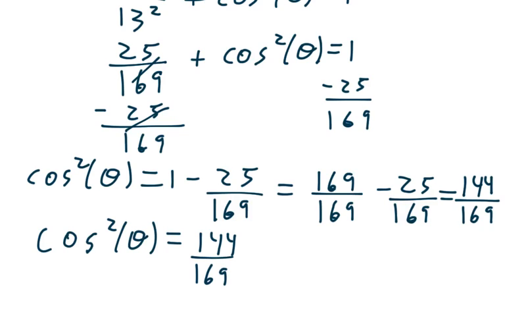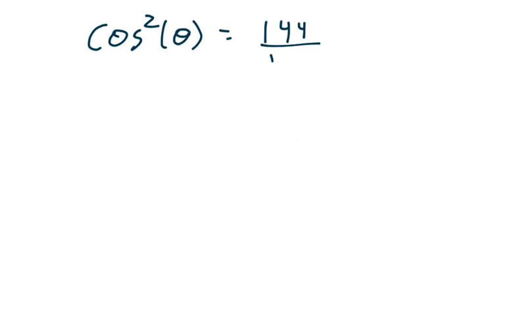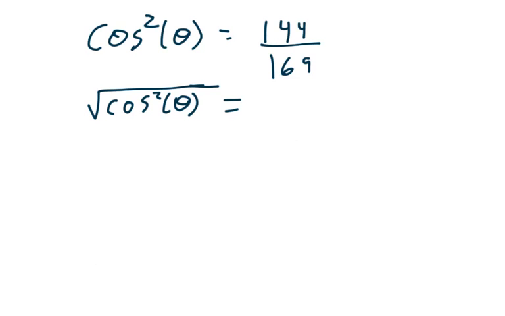Okay, so in order to figure out what cosine of theta is, we have to take square roots. So let's do that. We have, again, cosine squared of theta is equal to 144 over 169. If we take square roots of both sides, we get this.